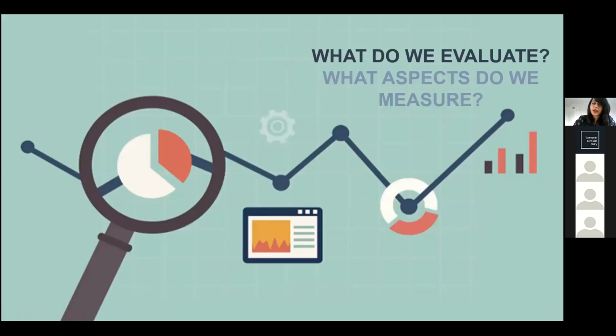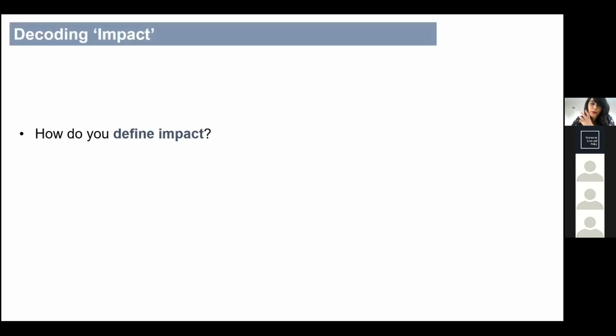All right, so the first part of the workshop is, what do we evaluate and what aspects do we measure? So when we want to decode the word impact, and this is where I want you all to contribute in the chat box, how do you define the word impact? If you can just describe it in a line. I know that it's difficult to describe it perhaps, but in layman's terms, what is impact?